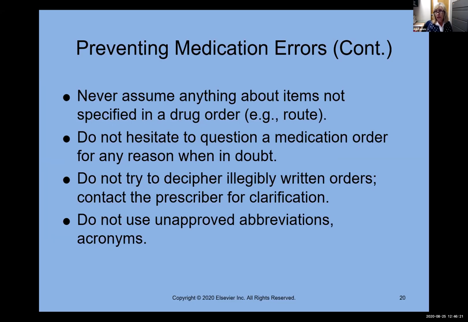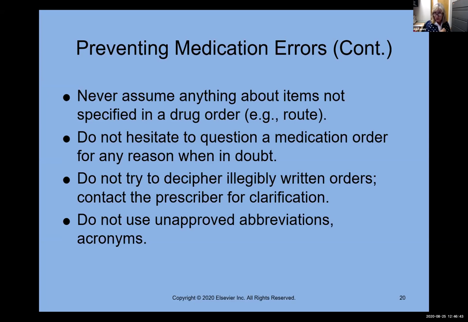I don't know if you guys noticed it, but on that automated or computerized order that I put up there, it didn't have the route for the medication. It didn't say PO. It said tablets, but do I assume that it's PO? No. The order has to be complete.